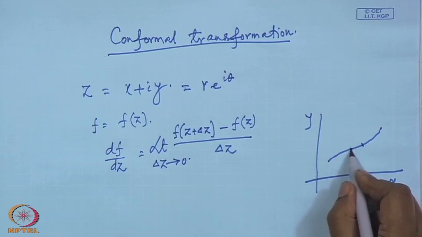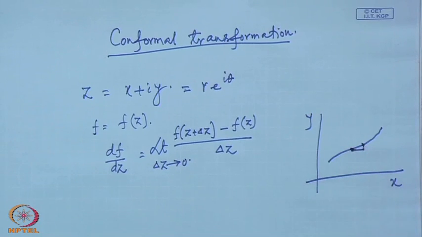It can follow this type of path, only along x, only along y, or along the curve. Any of these paths can be chosen, and a function is called analytic if this differentiation or derivative is independent of the path.